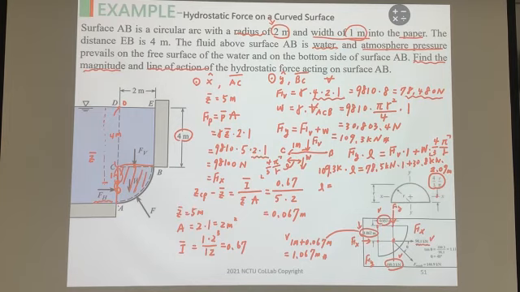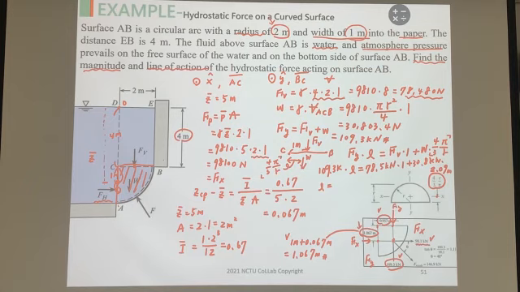Okay, so for the curved surface it is not convenient because we need to divide the two directions and solve the force individually for the x direction and the y direction. And for this question, not only do we determine the force magnitude, we still need to determine the location of the force.